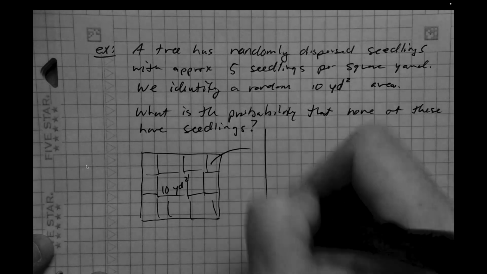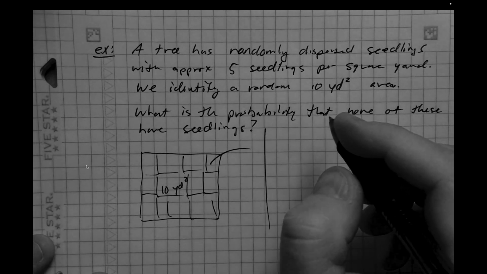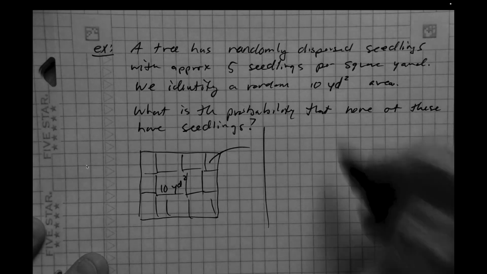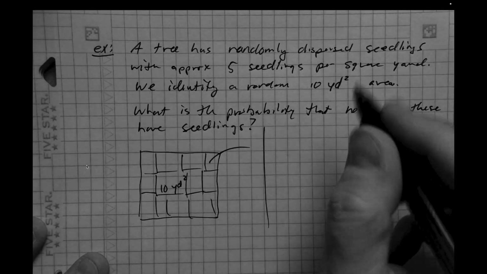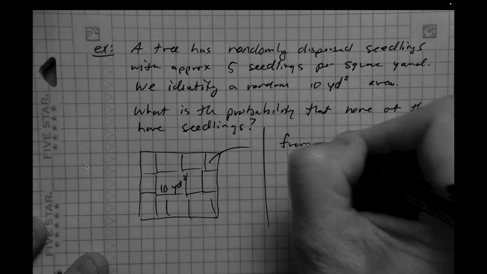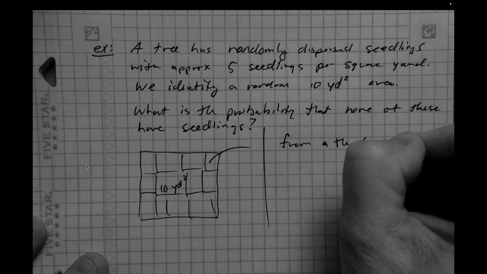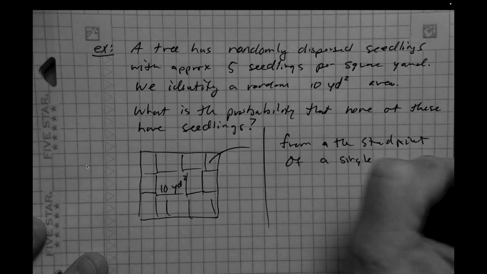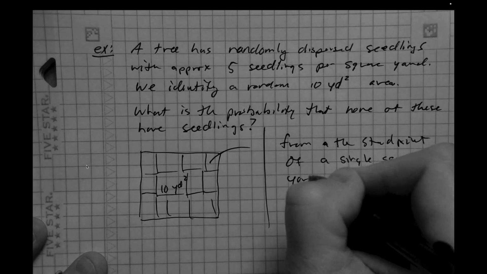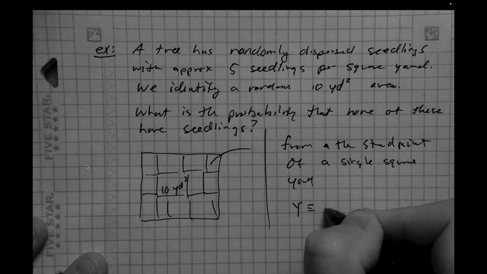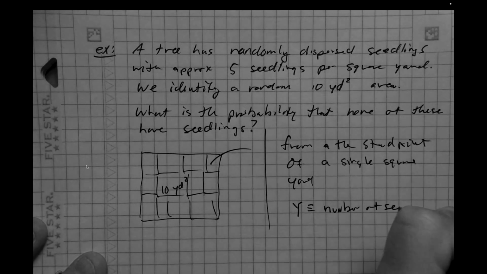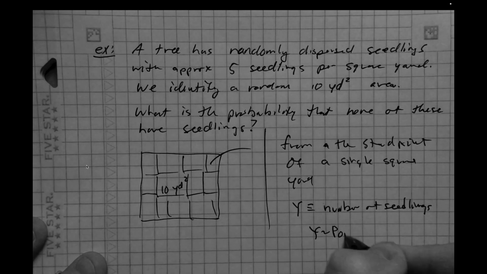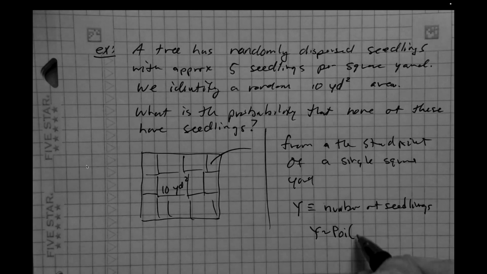Right, and we can think about this from the standpoint of just a single square yard. There's different ways to do this, and we'll do it in a different way in a second here. From the standpoint of a single square yard, we would say that y, being the number of seedlings, is Poisson distributed with lambda equal to 5.